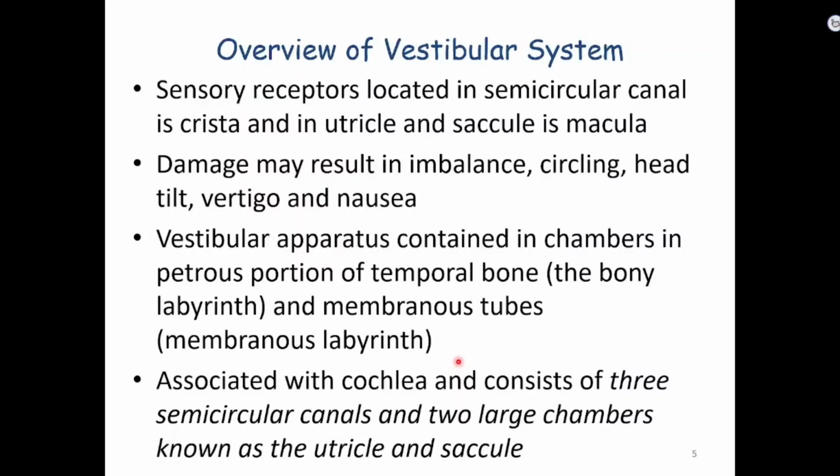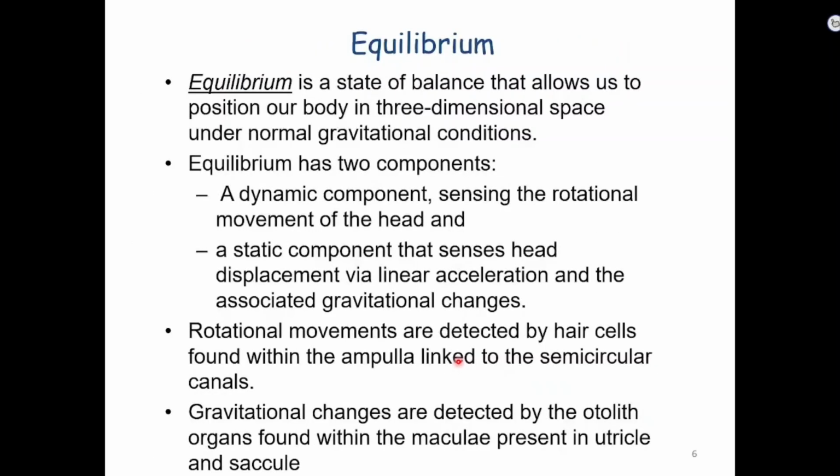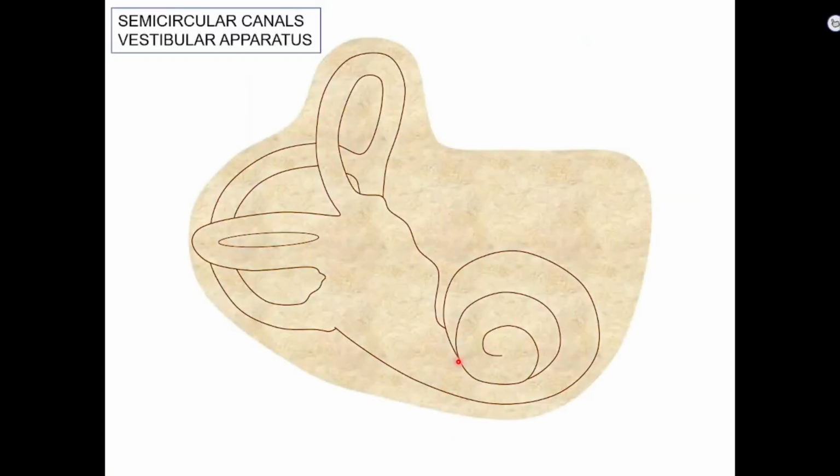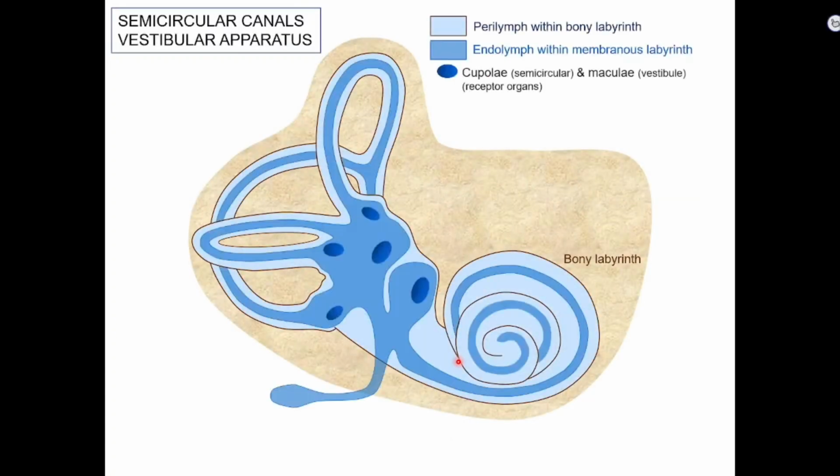These are membranous labyrinth. Outside them there is a bony labyrinth made up of vestibule and semicircular canals. This is the bony labyrinth, and inside the bony labyrinth is the membranous labyrinth.